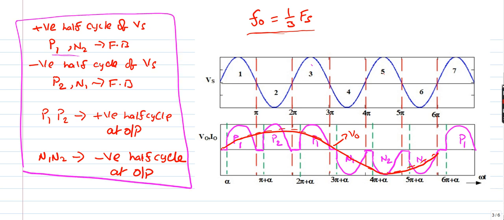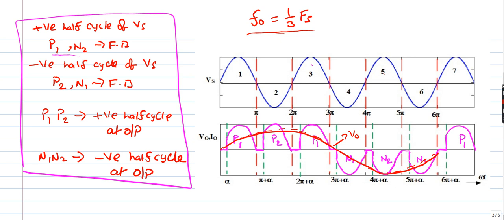What are the switches that will be in forward blocking mode during positive half cycle? What are the switches that will be in forward blocking mode during negative half cycle? And what is the requirement of output voltage polarity based upon your frequency requirement?